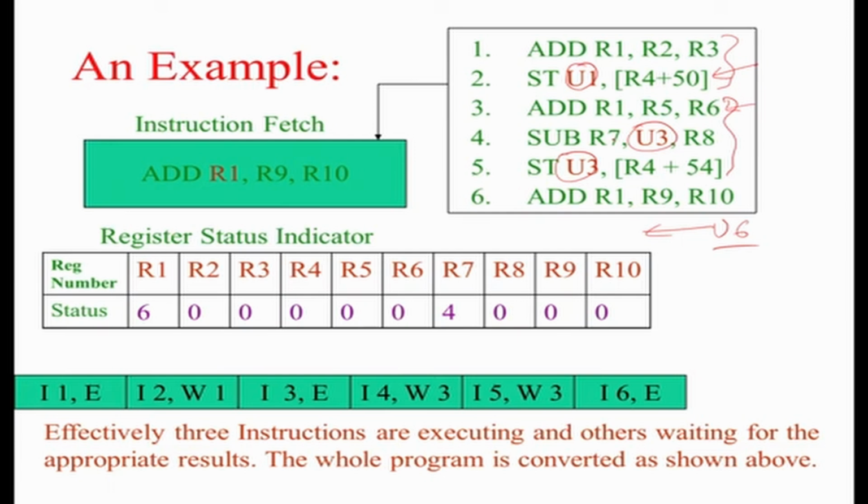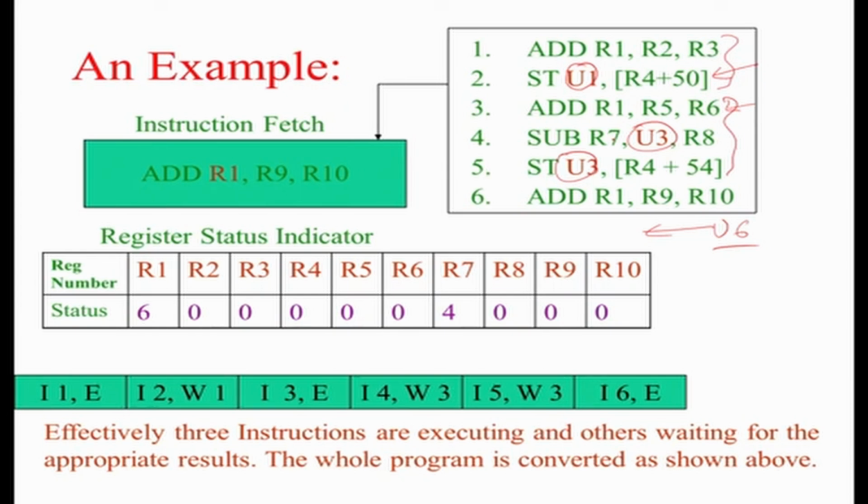So this R1 got renamed by U1, these R1s got renamed by U3, right. So register renaming happens by default. Then, once the instruction finishes, it will write into the common data bus, and it will also go and see if there is any register waiting for it.